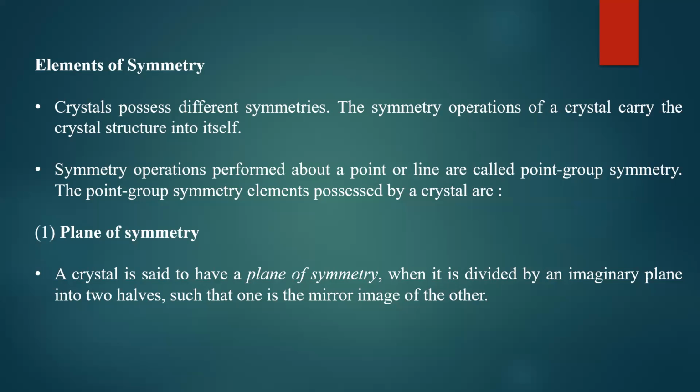That means if you observe the cube from one side and from the opposite side, it is identical. So you will observe the identical structure of the cube, and that is how you can understand the plane of symmetry. I will try to show it.